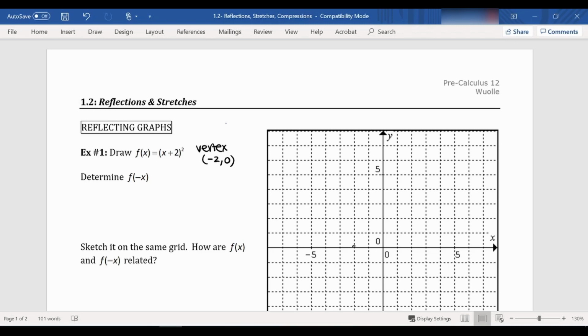Okay? So we're going to put a point at -2, 0. And we go over 1, up 1, over 1, up 3. We could go over 1, up 5, but it would go off of our graph here. So this is our f of x.